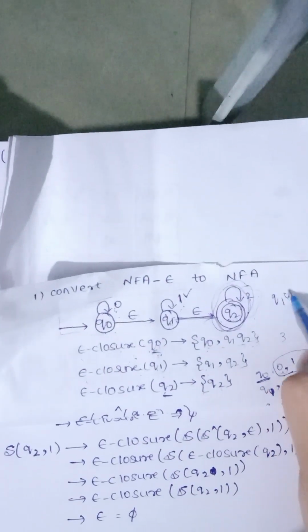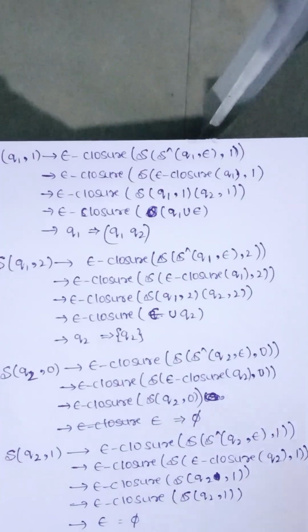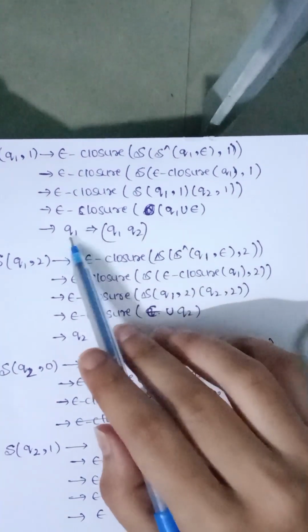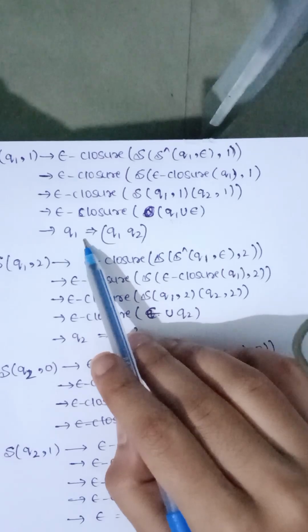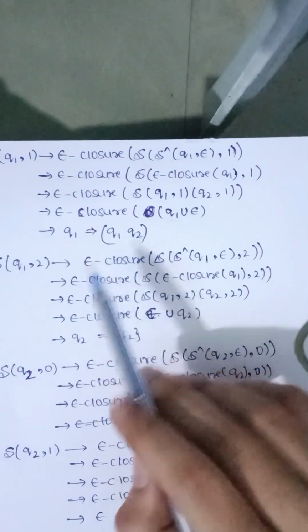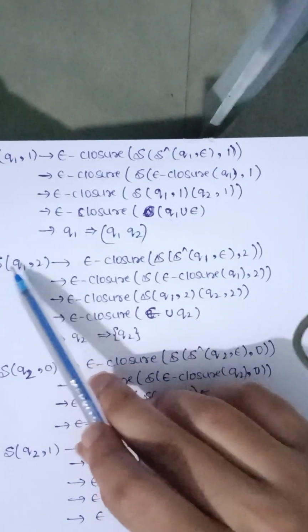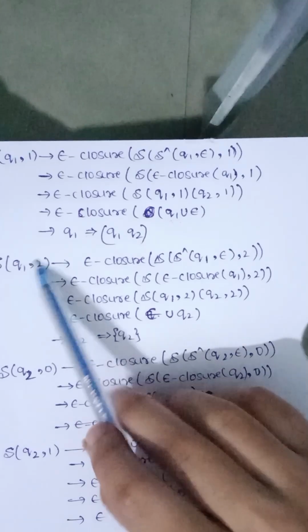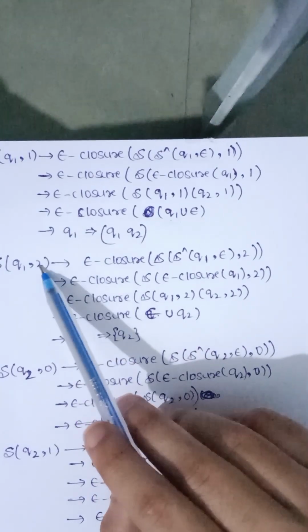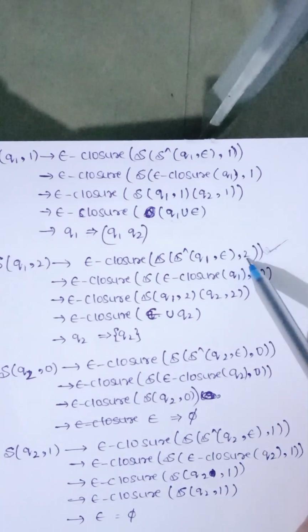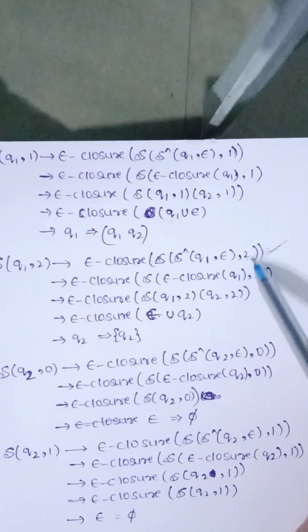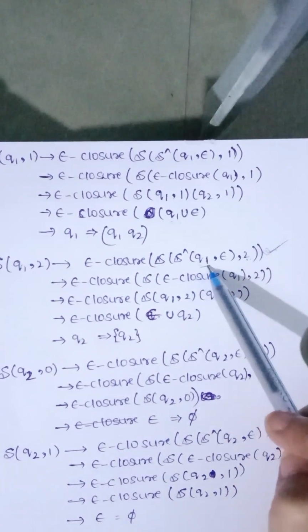So for that we just write q1 union epsilon, which gives q1. Now for delta of q1 comma 2 we are checking input 2. Epsilon closure of the same formula, same rule, but we change the input to 2 and the state will be q1.